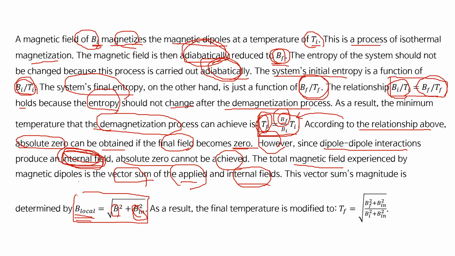So magnetic dipoles experience this internal field. As a result, the final temperature we can achieve is modified to this equation. So even if we shut off the external field, we cannot get absolute zero, but reach a certain temperature close to absolute zero.